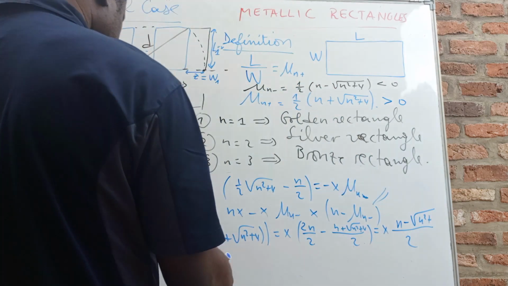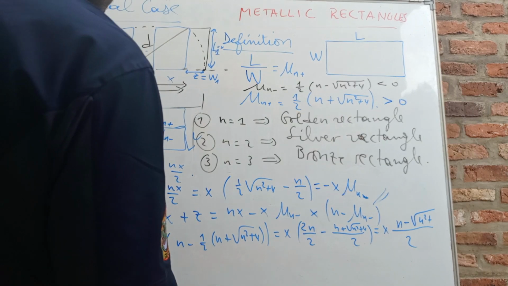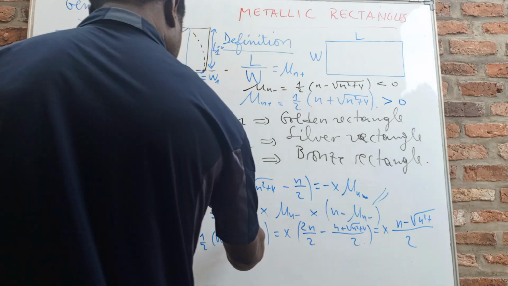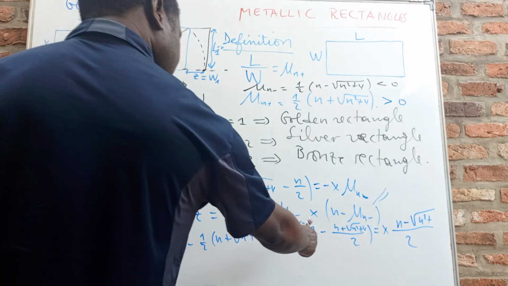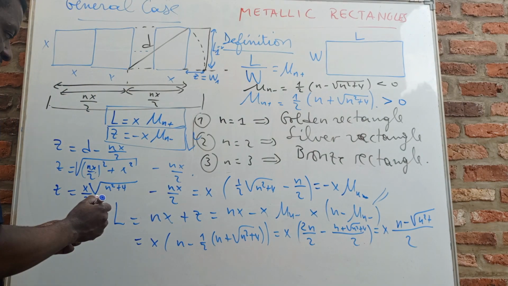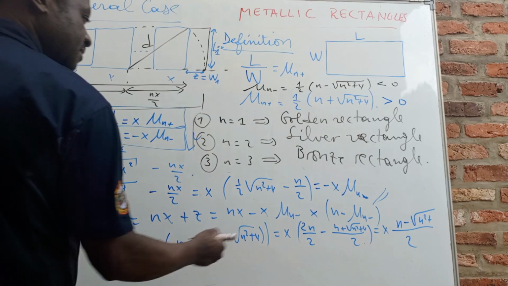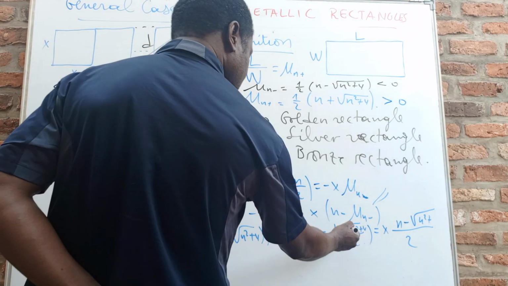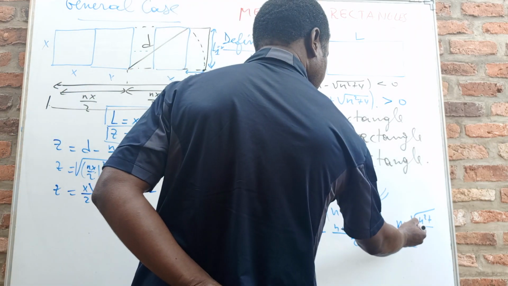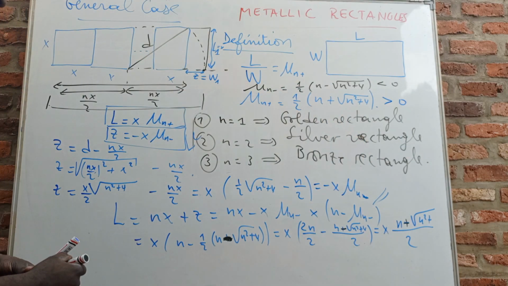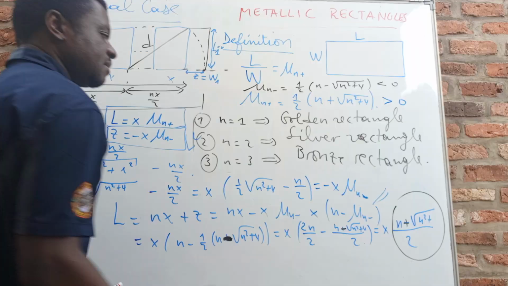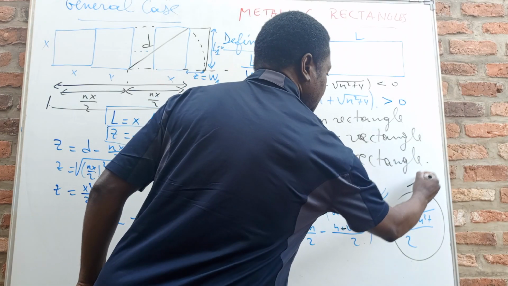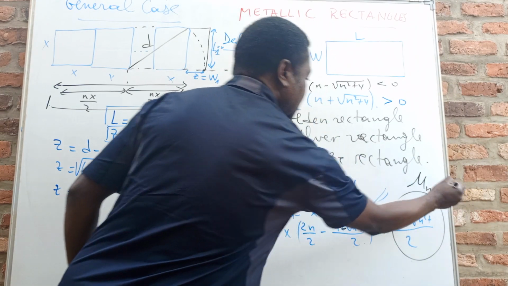Now, when we add, there is a mistake here, because this one should be negative. If it is negative, then we are going to have positive. So now what we get here, as you can see, is exactly the metallic ratio.